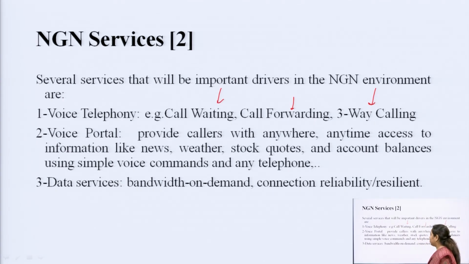And then voice portal is there, which provides callers with anywhere, anytime access to information like news, weather, stock quotes and account balances using simple voice commands and any telephone. Voice portal means it will provide these types of services, like you have seen Alexa and Google, where whatever you want to say, it will provide you with such information.